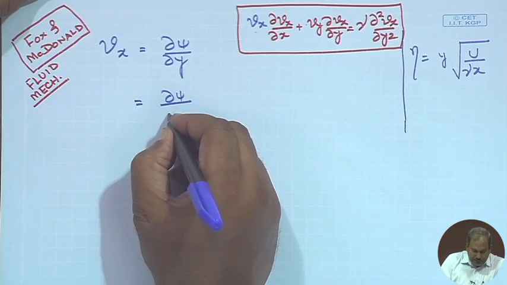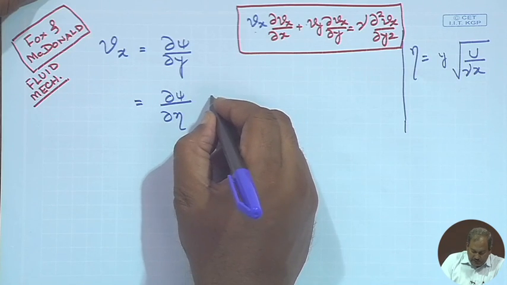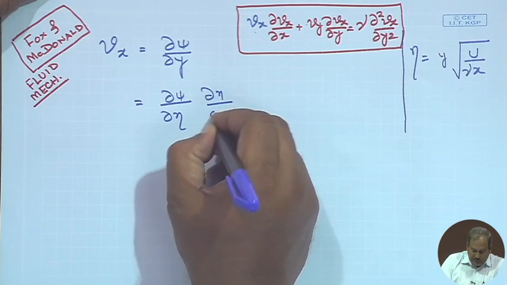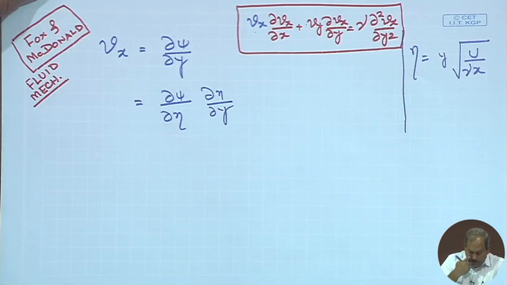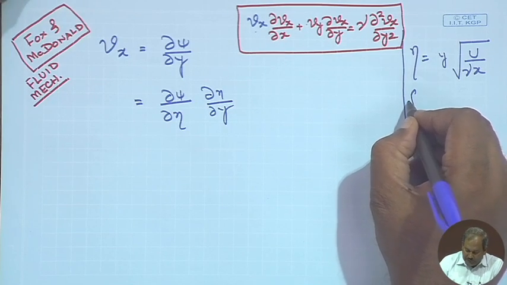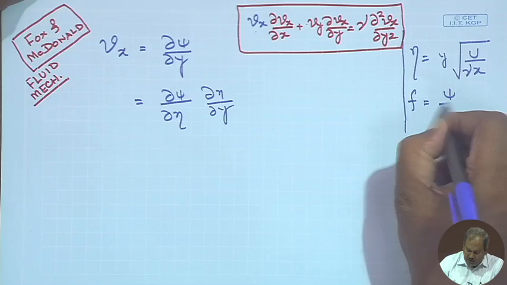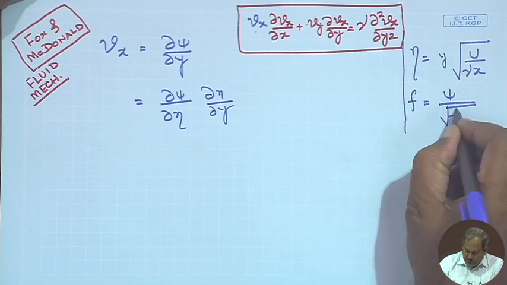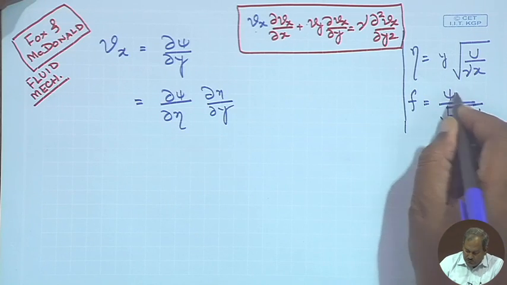From definition we can simply write this, and f is defined as psi by root over nu x u.